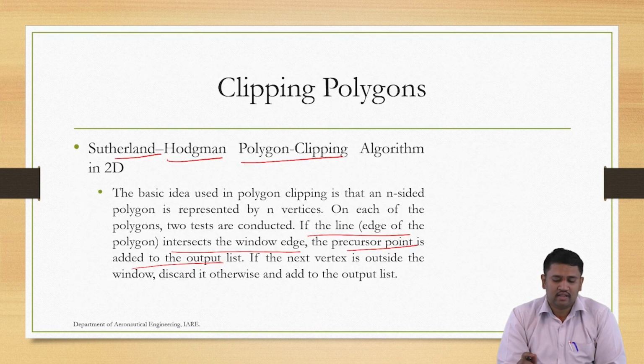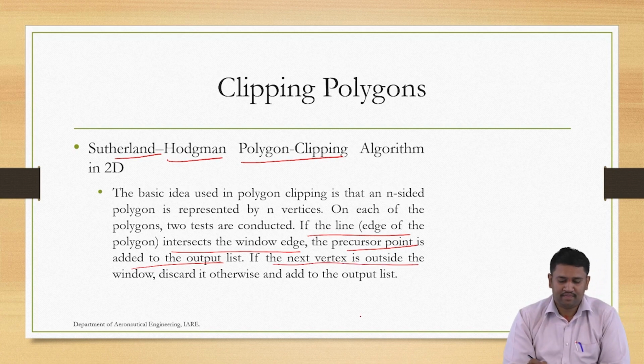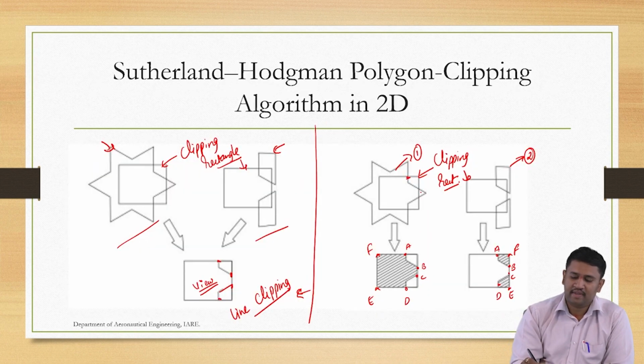Now in this, if the next vertex is outside the window, particularly in this figure, this was supposed to be a vertex which is outside the window, that data will be discarded and these two precursor points are joined, forming a complete block.